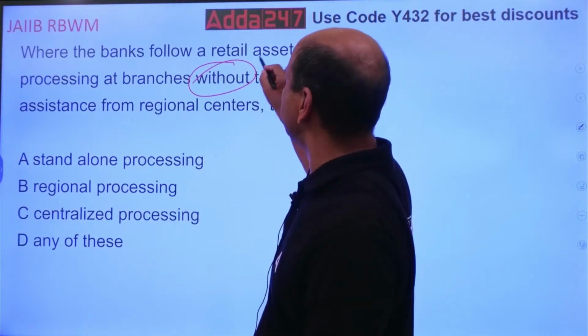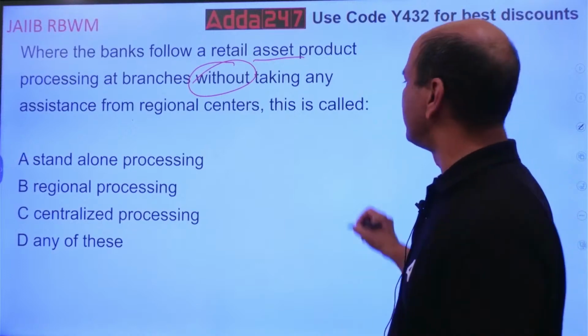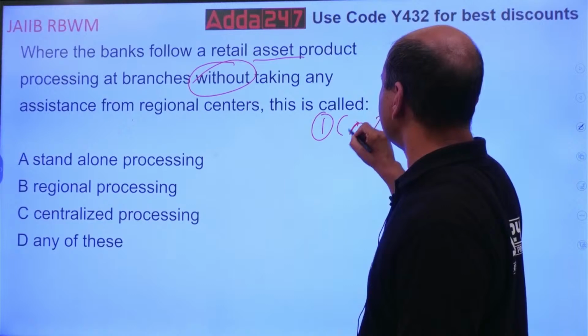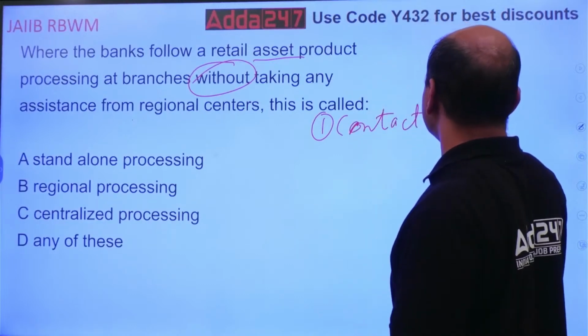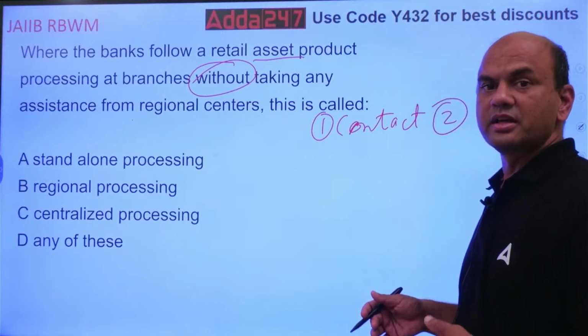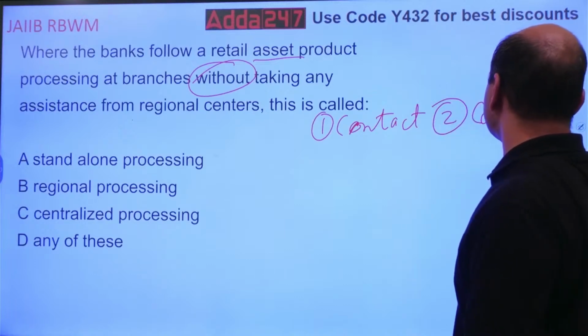Asset means contacting the customer. What are the various steps in assets? One is contact the customers. Second, speak to them, means convert them, contacting and converting, very important part, converting.